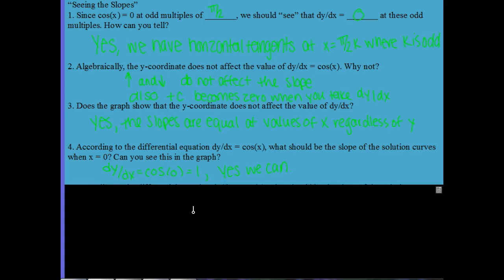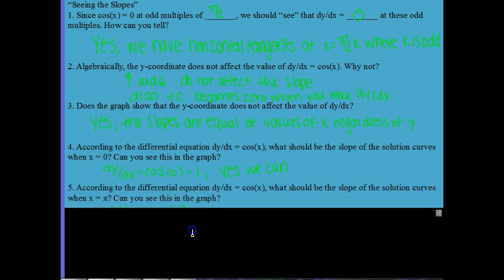Remember, the derivative of sine is cosine, and the derivative of cosine is negative sine. Oh, you're taking the integral. Yeah, the integral of cosine is sine. Never mind, I had my brain confused.